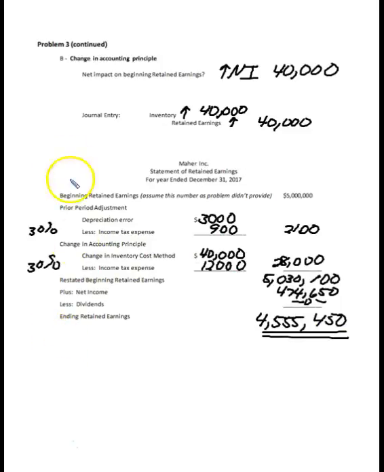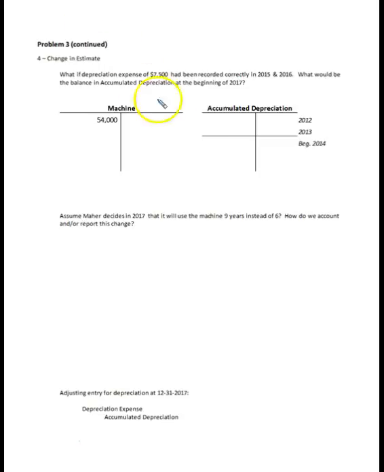Okay, and the last one I want to talk about was the change in estimate. And this, I'm just making this up myself. So again, I need to change this to 2015, 2016, 2017, if you will. So I'm just going to redo, let's say that depreciation expense of $7,500 was correctly recorded.